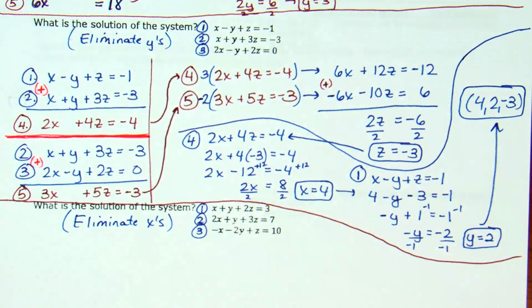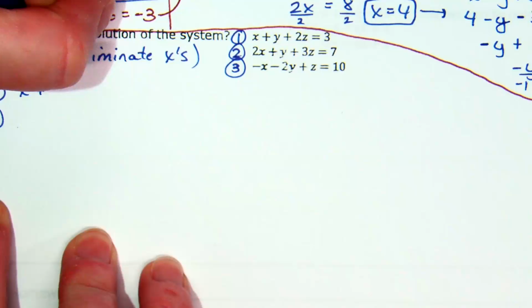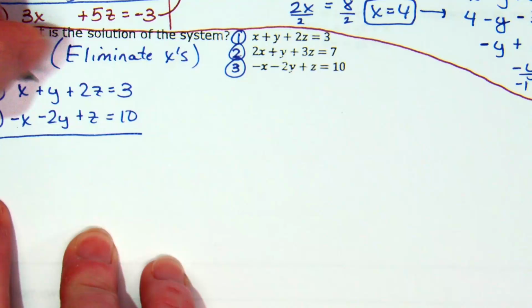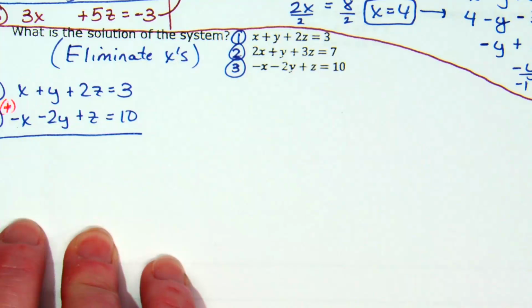Where's the easy one to start with? 1 and 3, because 1 and 3 are x and negative x, correct? So 1 is x plus y plus 2z equals 3. 3 is negative x minus 2y plus z equals 10. My x's are positive x and negative x, so opposite signs, I can add them.